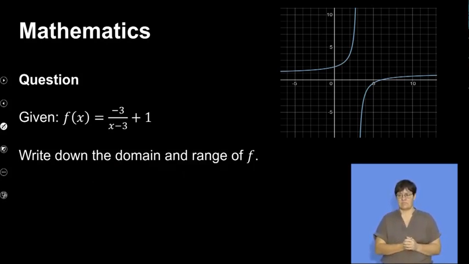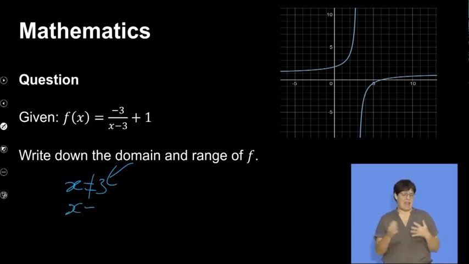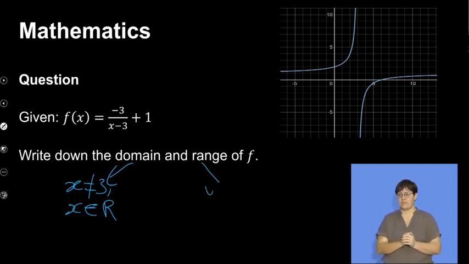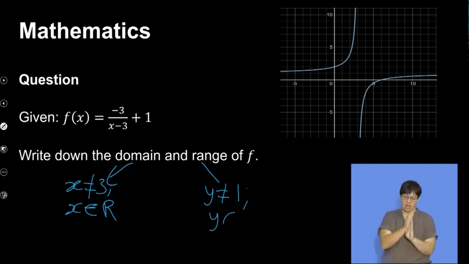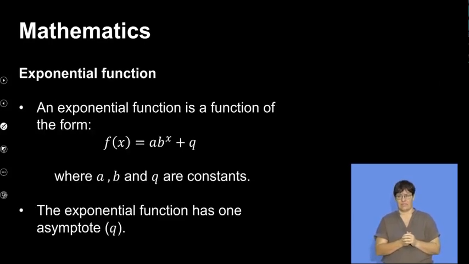The domain and the range: the domain is that firstly my x cannot be equal to 3. We know that. But x can be anything else, meaning it can be an element of real numbers provided it is not equal to 3. Also the range, y cannot be the asymptote, which we agreed was 1, but y can be all the other numbers on a Cartesian plane.